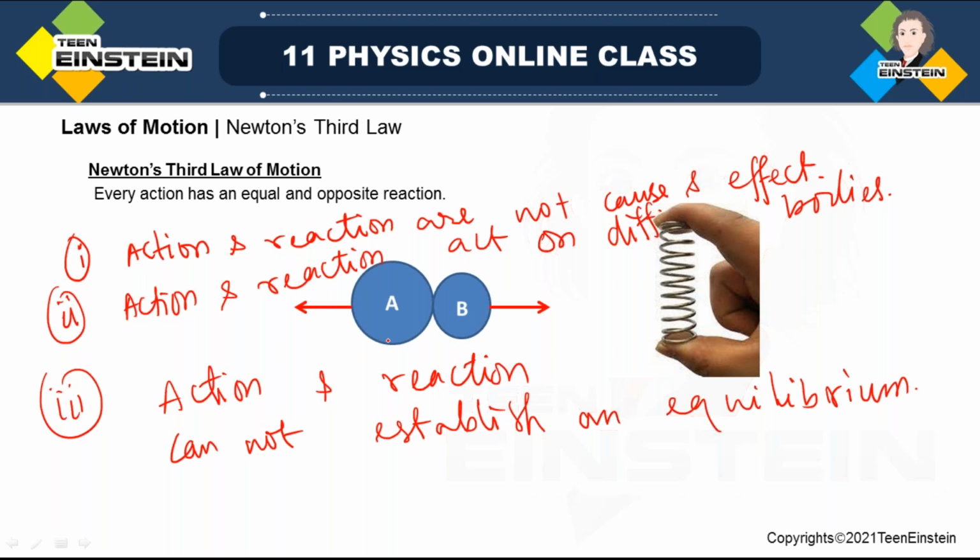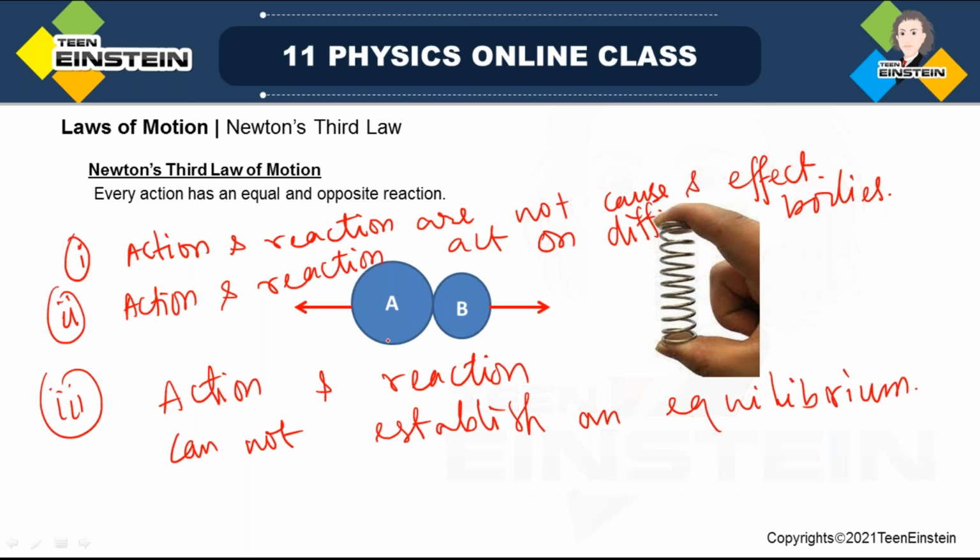The fourth one is that no action can occur in the absence of the reaction. For example, in a tug of war, one team can pull the rope only if the other team is also pulling.